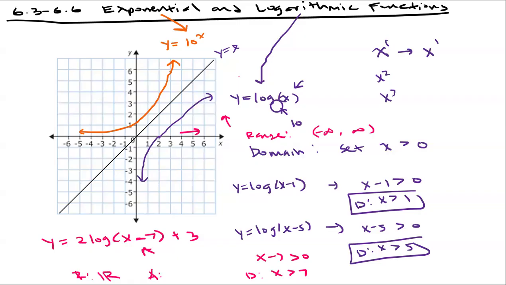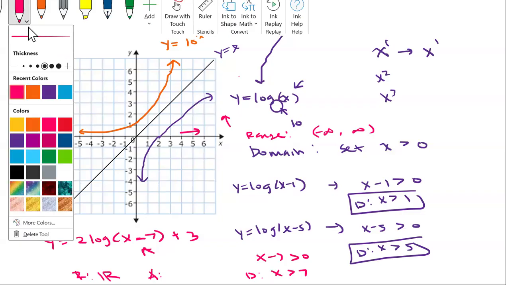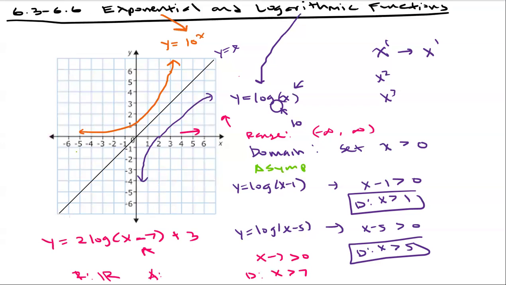So the asymptote for the original function is going to be at x equals 0. In fact, whatever number you get for the domain, that's going to be the asymptote.